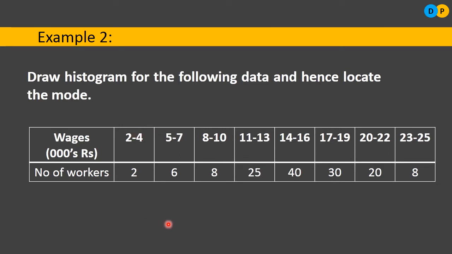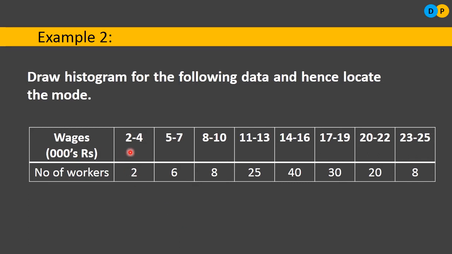Next, there will be a gap, because from 4 to 5 there is no frequency mentioned. So there will be a gap observable in the histogram. But a histogram says we need to erect rectangular bars adjacent to each other without giving space. So this is not a correct way.